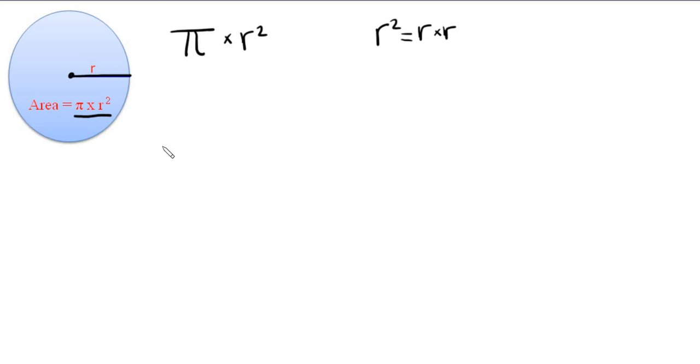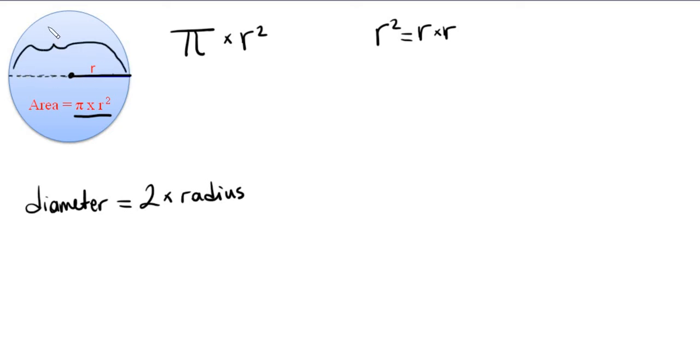Another piece of information that we need to know: in some questions you may be given the diameter. Let's remember the diameter is always 2 times the radius, because the diameter is this length. We can use the letter D for diameter.